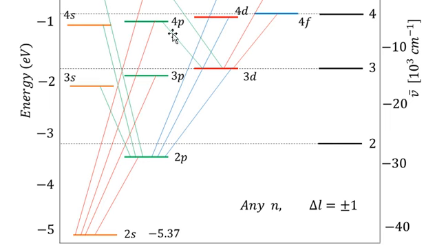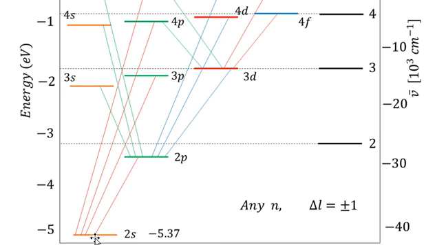Any value of principal quantum number is allowed, and the orbital quantum number is changed again by delta L equal to plus or minus 1. So from the 2s level, the transition to all the p levels is possible: 2p, 3p, 4p, 5p, and so on.